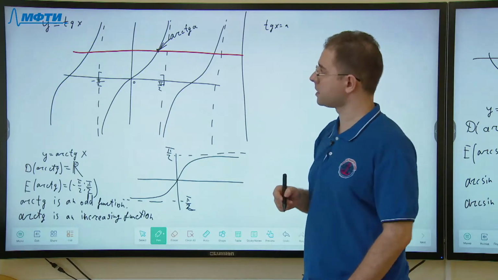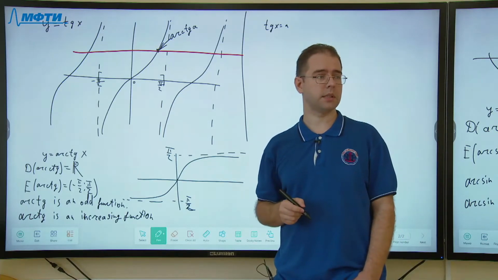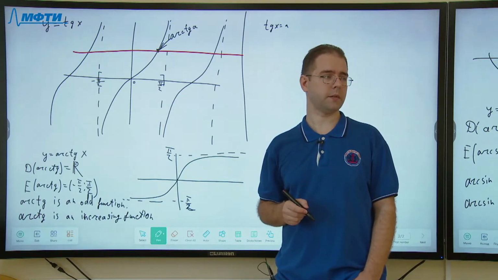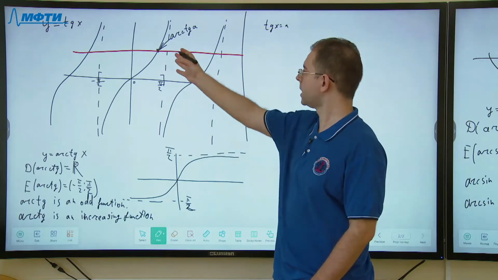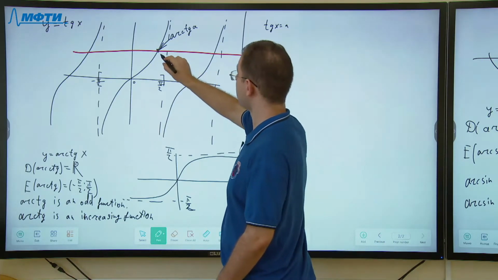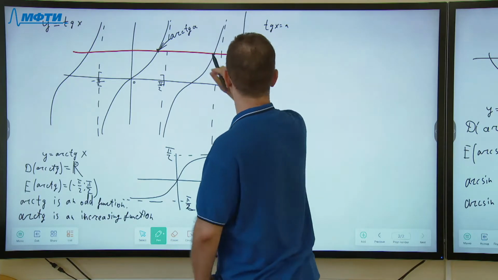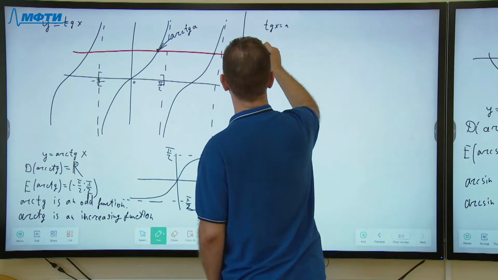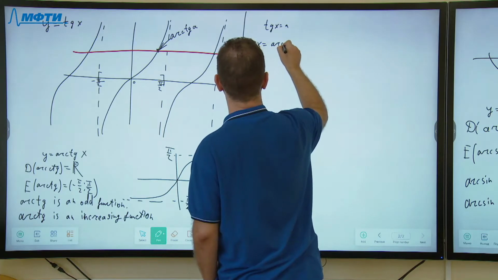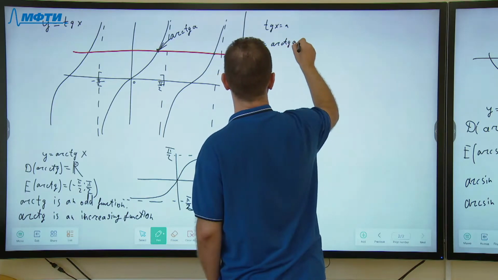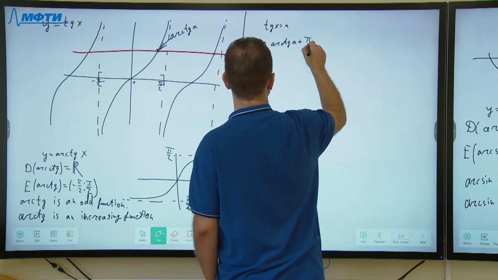And since tangent is a periodic function, we have infinitely many solutions: arctangent a plus pi n. The period is pi. So x equals arctangent a plus pi n.